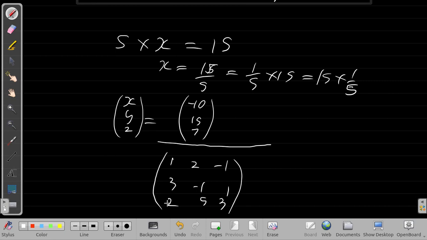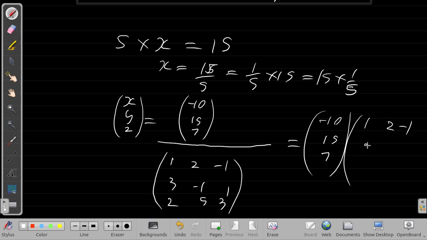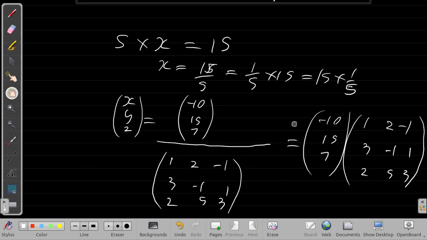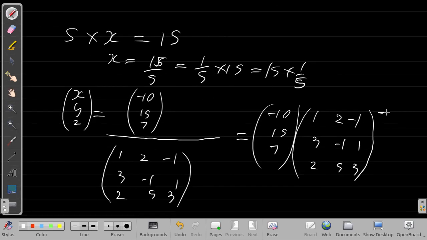You see the argument? But this would be the same thing as negative 10, 15, 7 times the inverse of the matrix 1, 2, negative 1, 3, negative 1, 1, 2, 5, 3. You see?